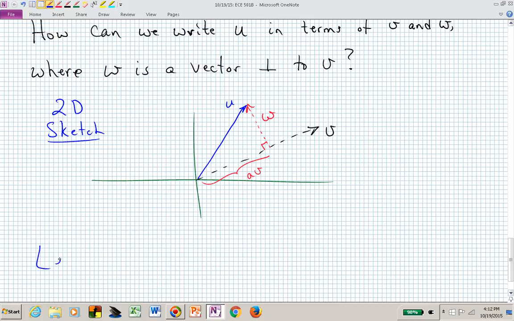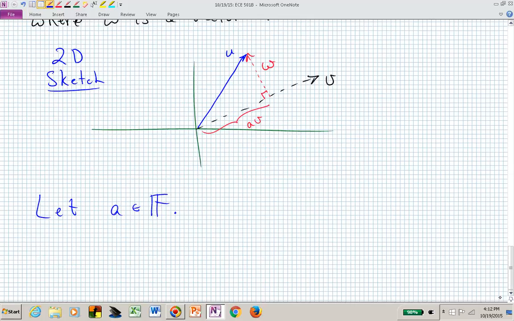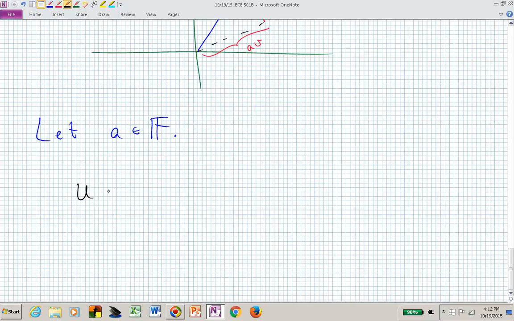Let's first just say that we have some scalar a in one of our fields of numbers, real or complex. Now what we want to do is say that the vector u is some amount of v, and in fact we can say that the additional piece is just u minus av, where this is now the second vector w.